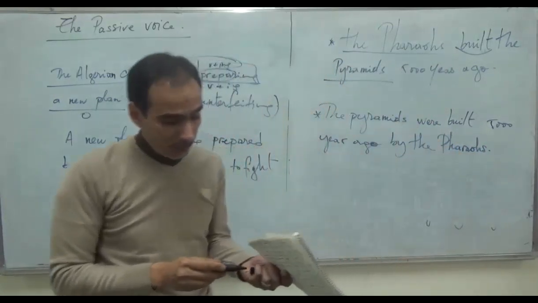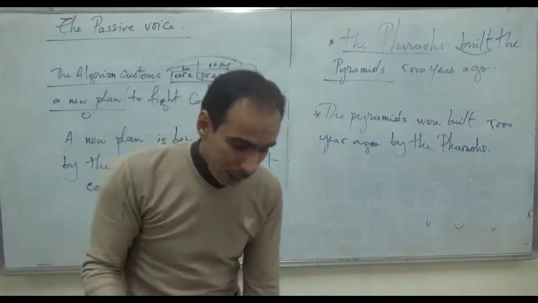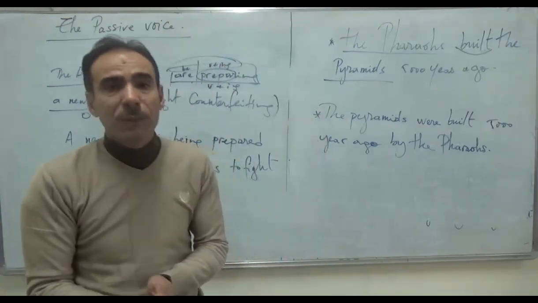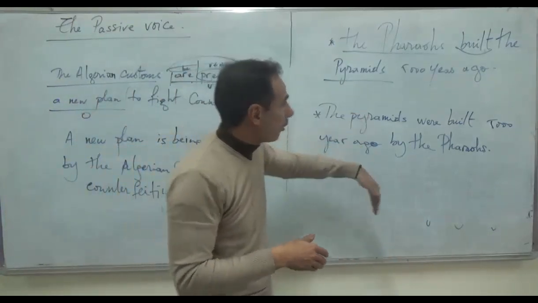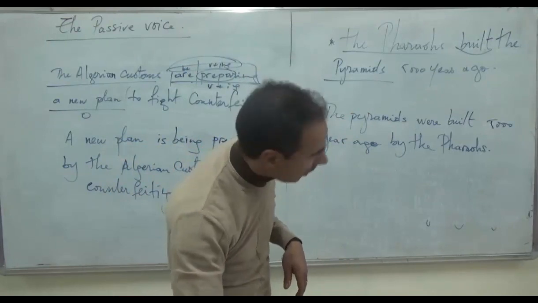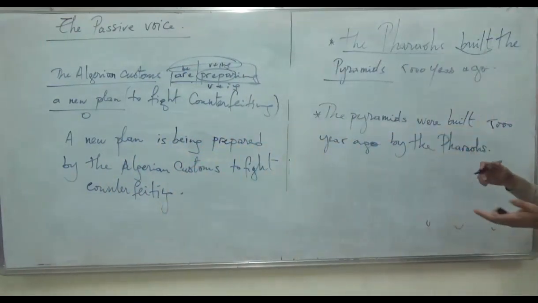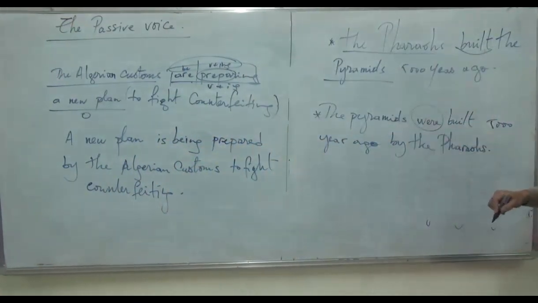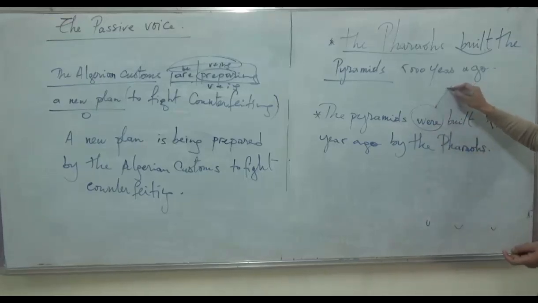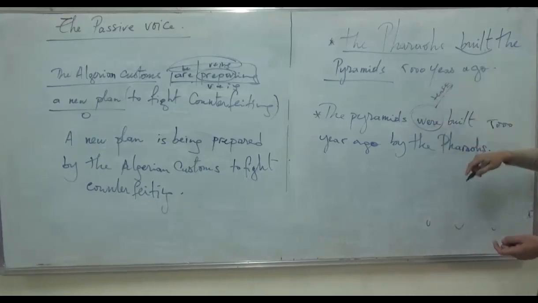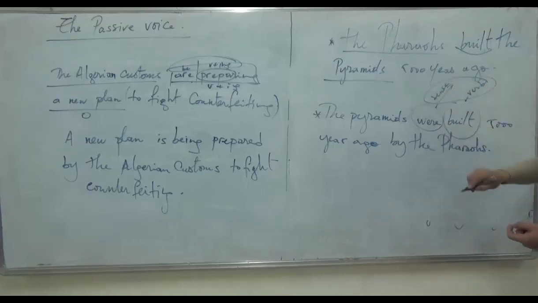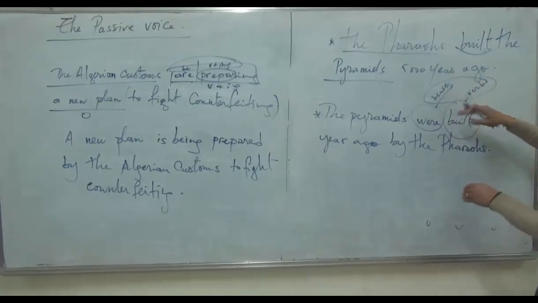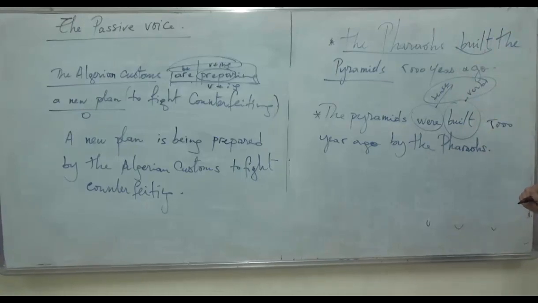So I hope you have got an idea about the passive voice, and you can change from active to passive and go back from passive to active. From passive to active, what are you going to do? It is the other way round. From to be, you take the tense, and from the past participle you have the verb, and you go back with your verb and your tense to the active voice.